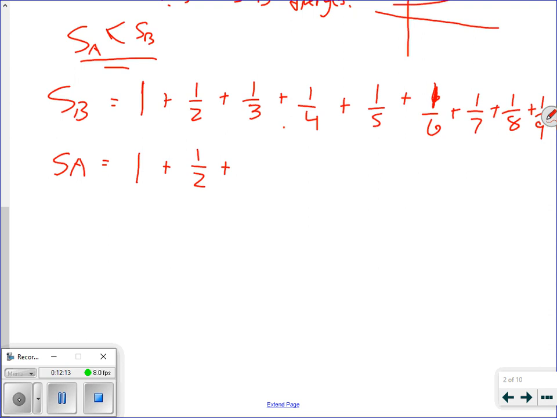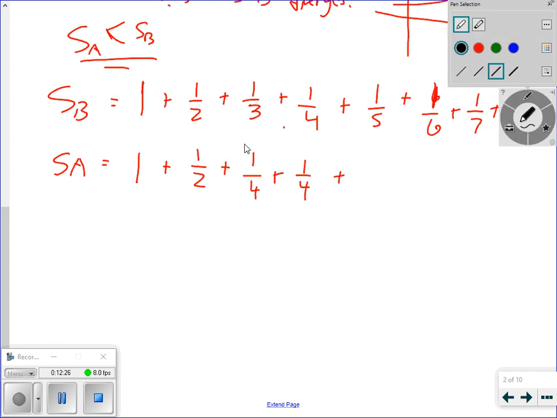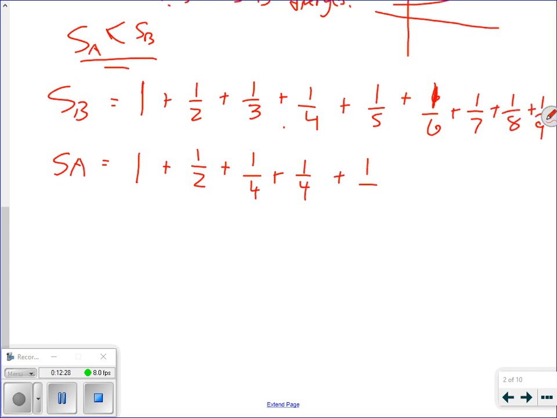Let's say we have 1/2, then 2 1/4s, then 4 1/8s, then 8 1/16s, and then 16 1/32s. That's the pattern here.